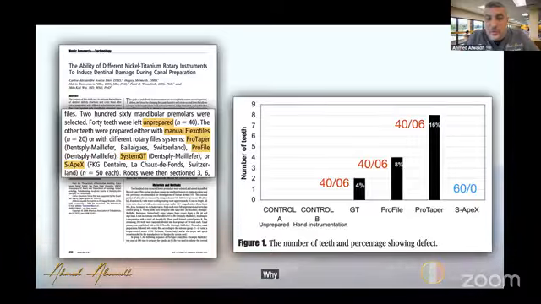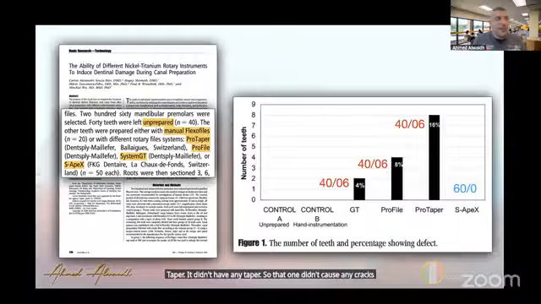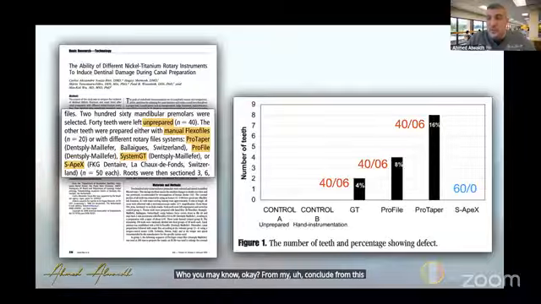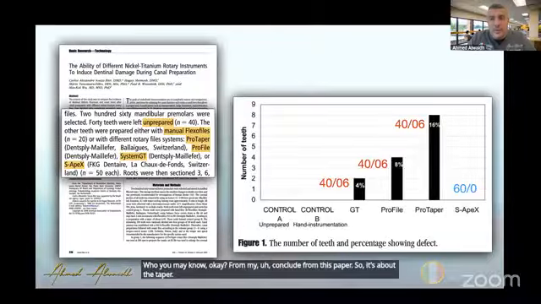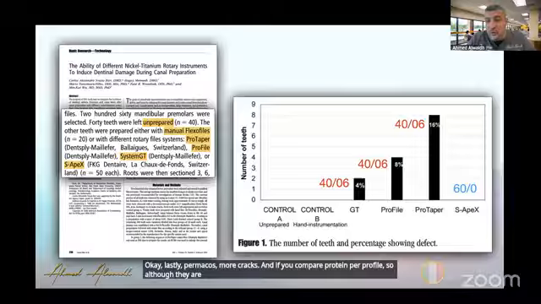We don't know. But if you notice, it was the only file that was 0 taper. It didn't have any taper. So that one didn't cause any cracks. So now you may know my conclusion from this paper. It's about the taper. Large taper may cause more cracks. And if you compare ProTaper and Profile, although they all cause cracks, ProTaper caused more.